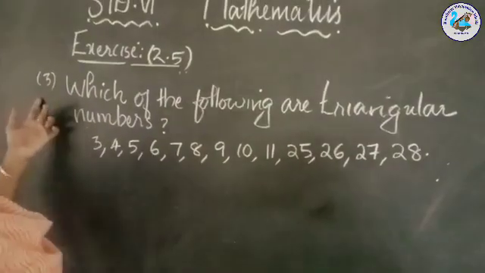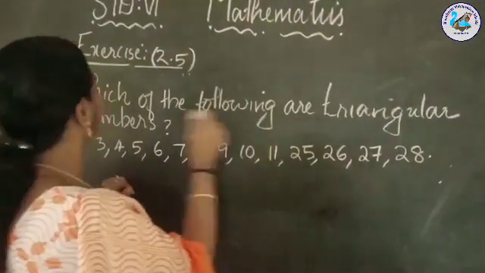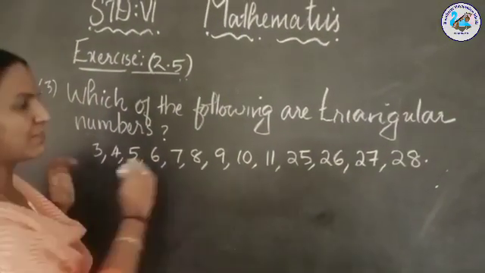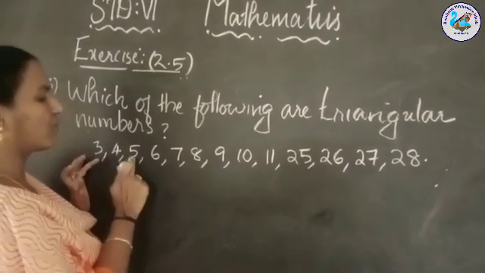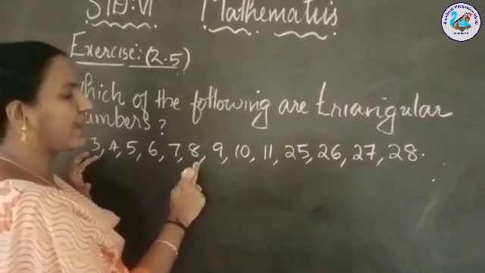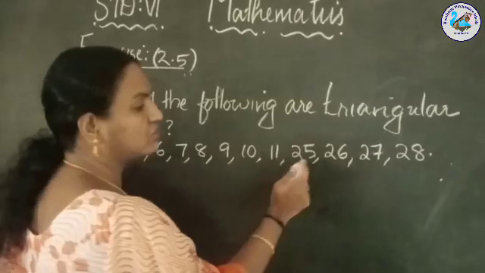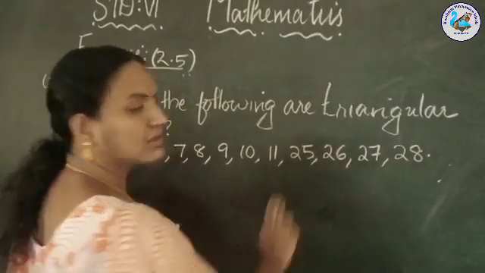Question number 3. Which of the following are triangular numbers? Some numbers are given: 3, 4, 5, 6, 7, 8, 9, 10, 11, 25, 26, 27 and 28.